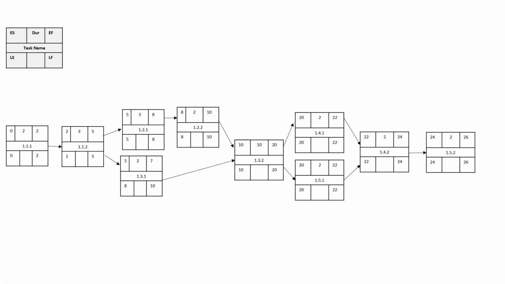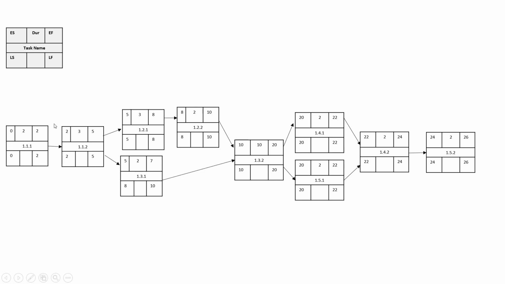So the first task is key because you need the early finish for the first task to go to the succeeding tasks, because the early start for each succeeding task will be the early finish of the previous task. So you see, I literally carried the 2 days over to the early start of my next task.